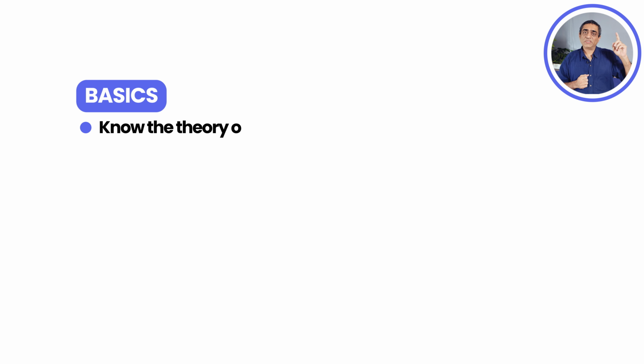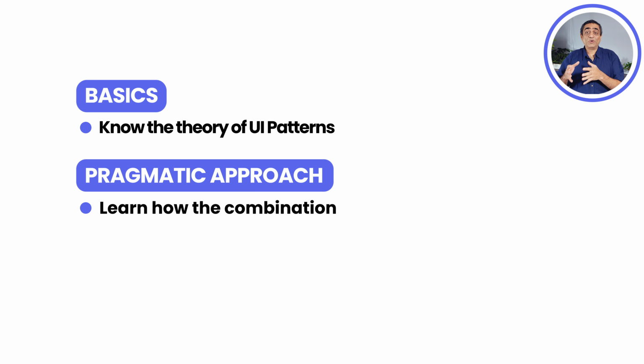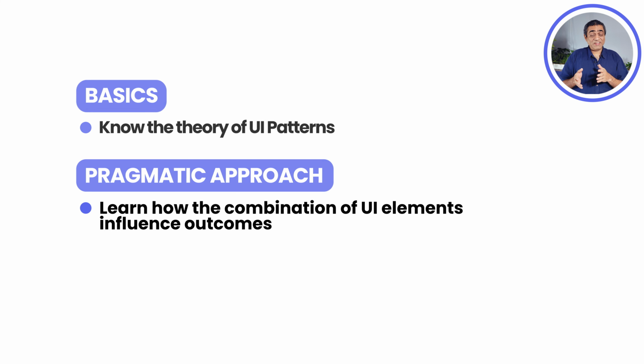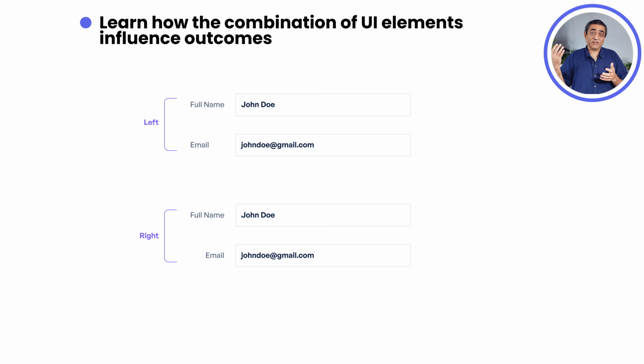So the pragmatic way of doing transactional experiences is about knowing the theory for UI elements. However, you also need to know how to combine these different elements to influence outcomes. For example, do you left align the label or do you right align the label? One alignment allows you to get the job done faster.